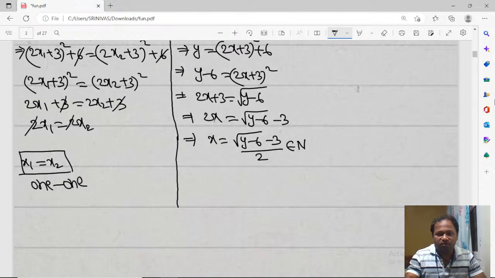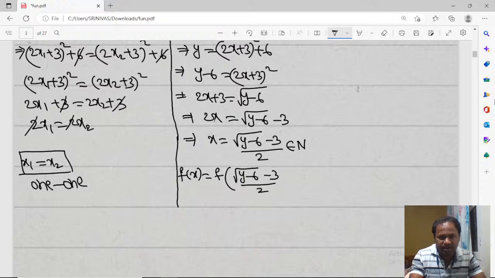Now f of x is equal to f of square root of y minus 6 minus 3 divided by 2. You can substitute or you can write it directly. Answer is equal to y. Now I will substitute it once. Check what answer we get.